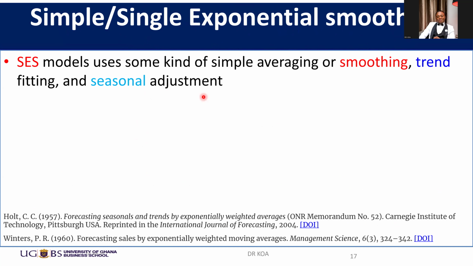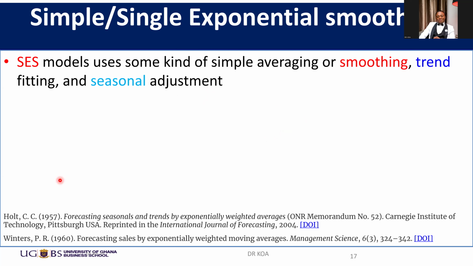Good. Let's look at single exponential smoothing. In everything that we've looked at, there's one thing that stands out. Exponential smoothing uses some kind of simple average or smoothing, a trend fitting, a seasonal adjustment to be able to do the computation.